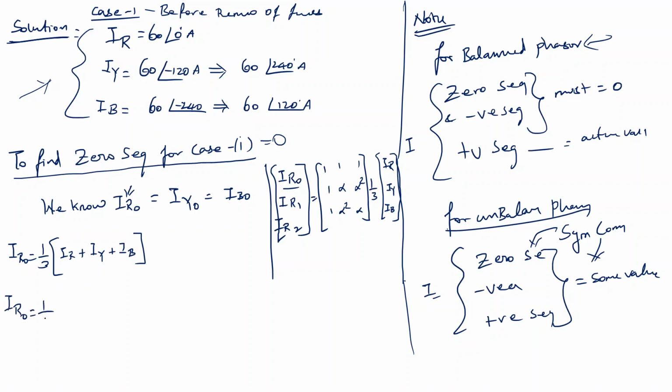IR0, find out: 1 divided by 3, what is the IR value given in the question? 60 angle 0, plus IY 60 angle 240, plus IB 60 angle 120. Correct or not? Any doubt up to this? I took the value of IY and IB as given in the question. So what will be my IR0?